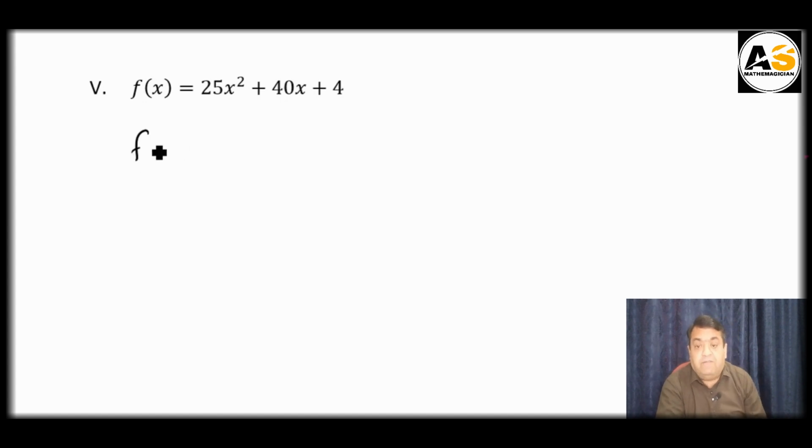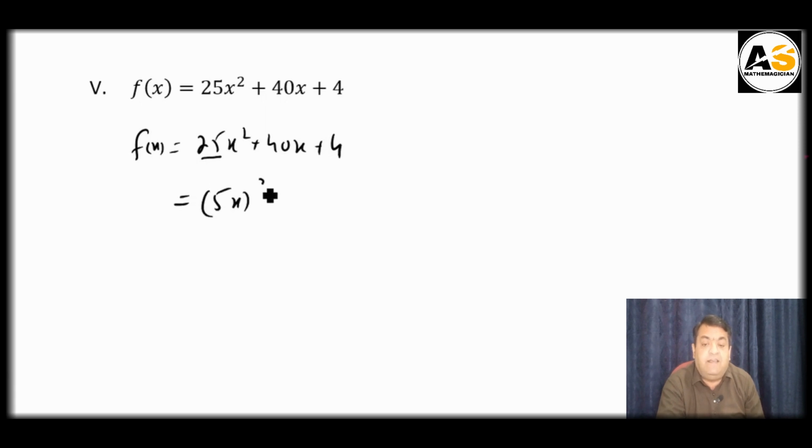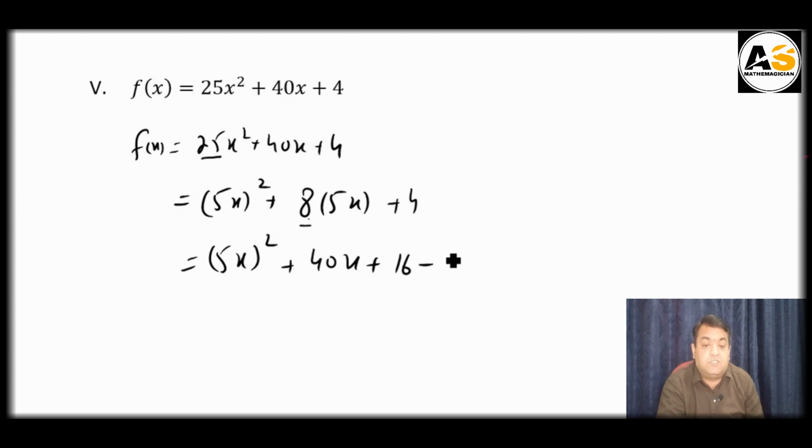Now, f of x is equal to 25x square plus 40x plus 4. You see, this 25 is the square of a number, so I will write it 5x whole square plus 5x into 8 plus 4. Now half of this is 4. I will add and subtract the square of 4 plus 40x plus square of half of 8 is 4, 16 minus 16 plus 4.